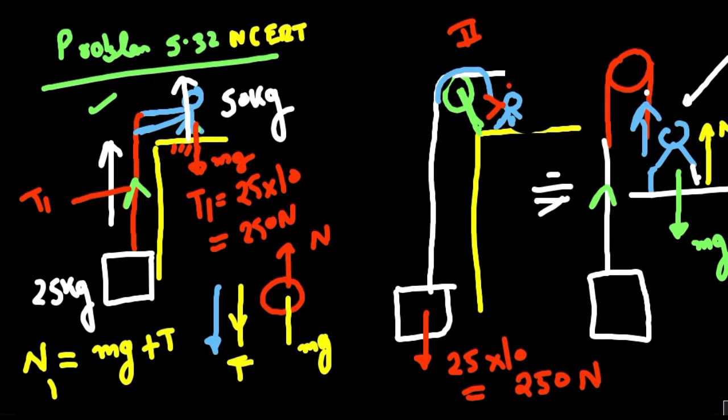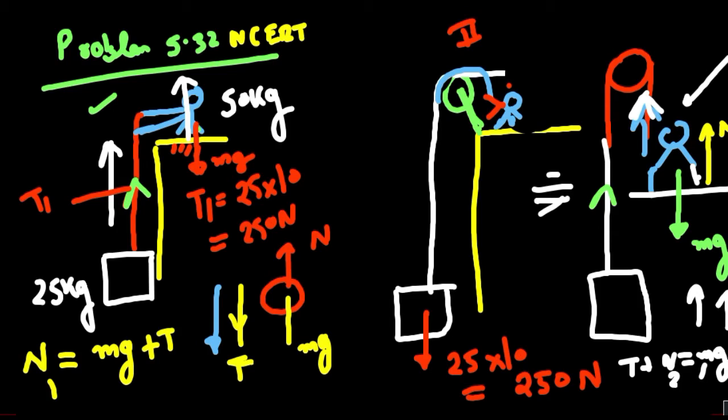So this is where the tension is pulling. So you can see that this man has a normal reaction, a tension, and a weight which is downward. So the man is stationary. So tension plus normal reaction is equal to mg, where m is the mass of the man.